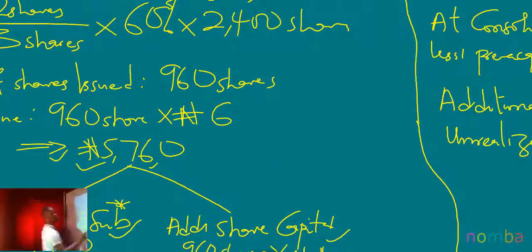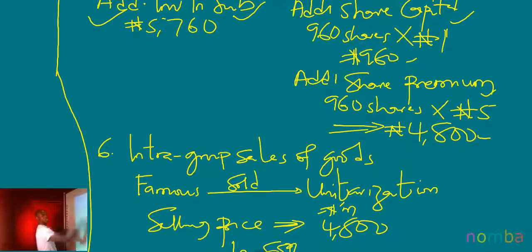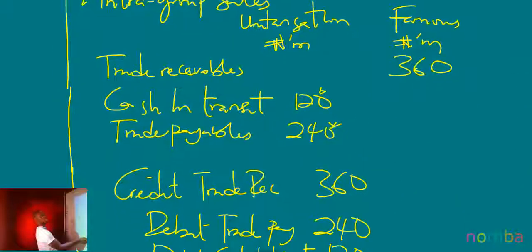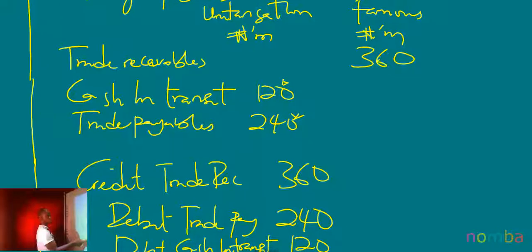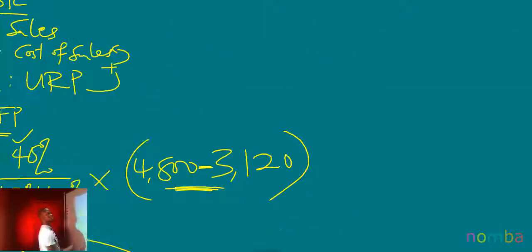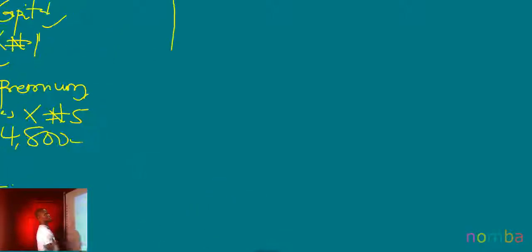So back to our workings. What is remaining there is just that intra-group sales where we have to delete trade receivables, trade payables and all. So that will not affect the retained earnings. So that's it. So let's go back.